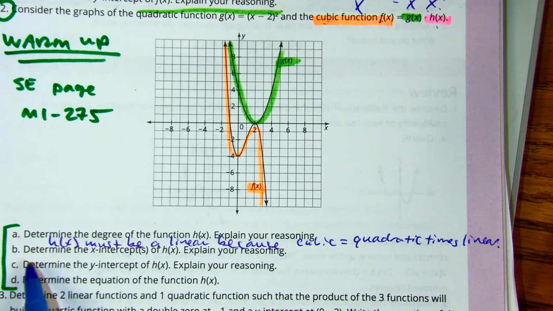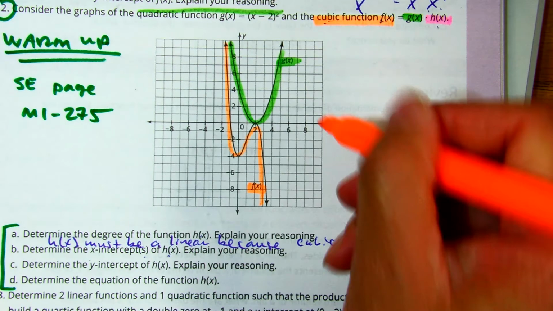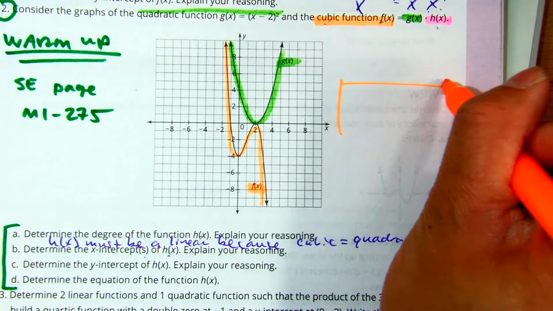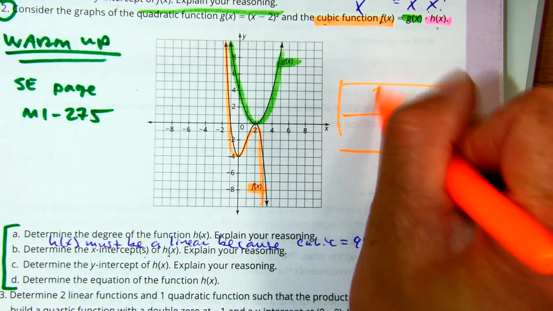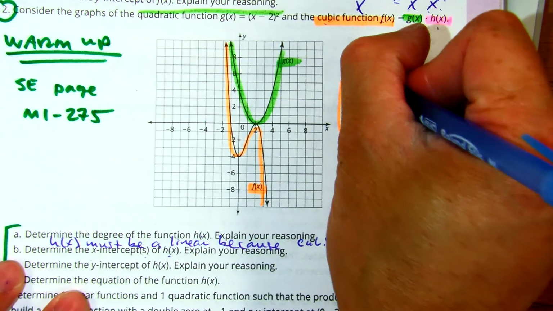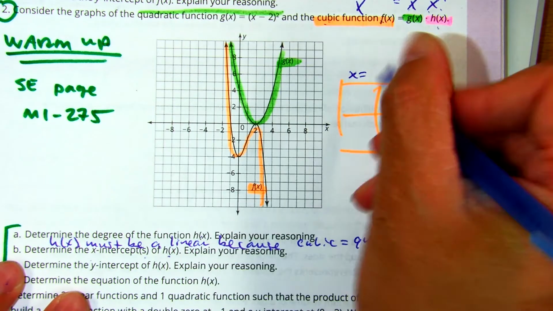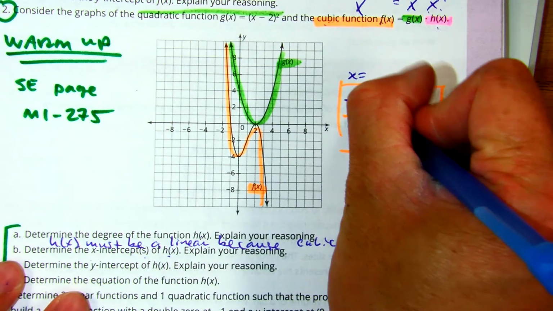Question B, determine the x-intercepts of h of x. Well, if you think about it, for the orange, just make a table over here. The x values for the orange, my x-intercepts are x equals -1 and at 2.